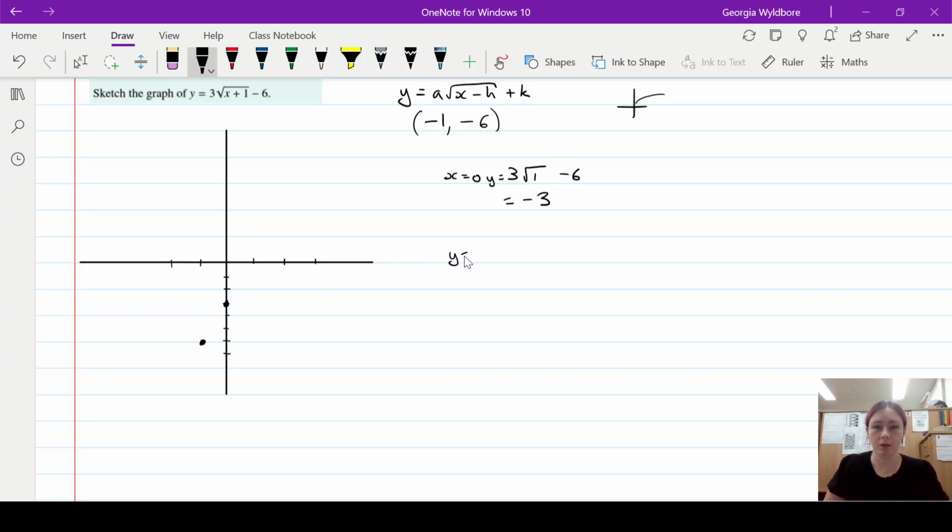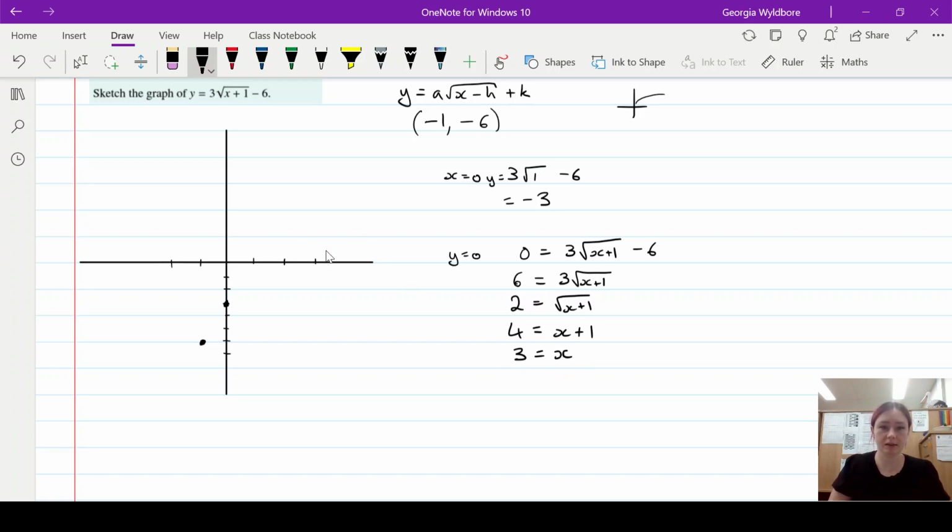And then when y is 0, we've got 0 equals 3 root x plus 1 minus 6. So 6 is here. Divide by 3, we get 2 equals the root of x plus 1. 4 equals x plus 1. So 3 is going to equal x.